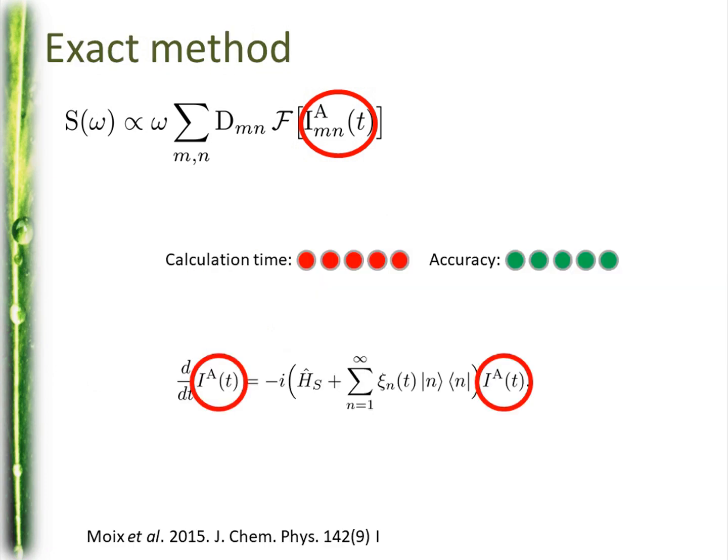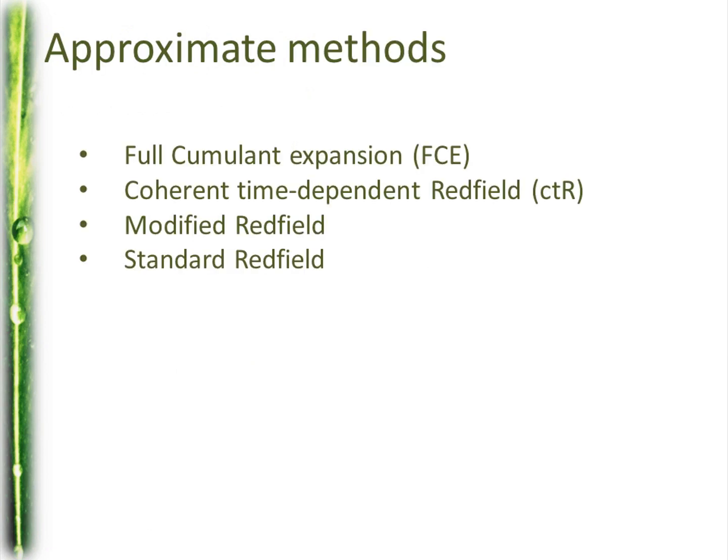Although this numerical approach is virtually exact, it is also extremely slow. It is so slow that it is unfeasible even for the simplest of systems, if vibrations are to be accounted for accurately. To calculate spectra of real complexes, we need to revert to approximate methods.